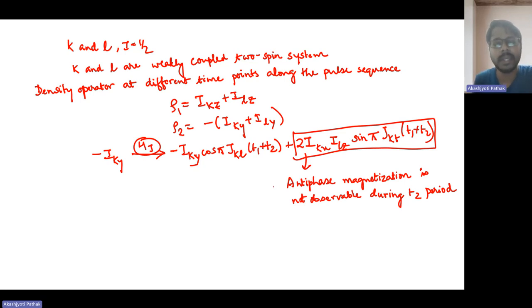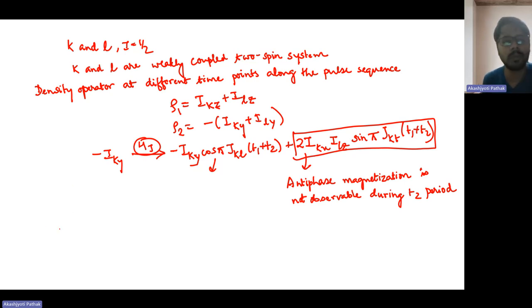So we will consider the chemical shift evolution of the first term during the T2. What will we get then?